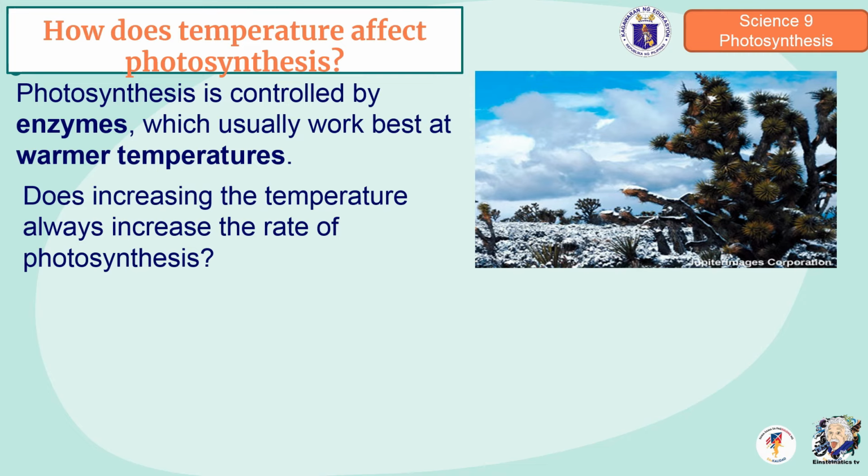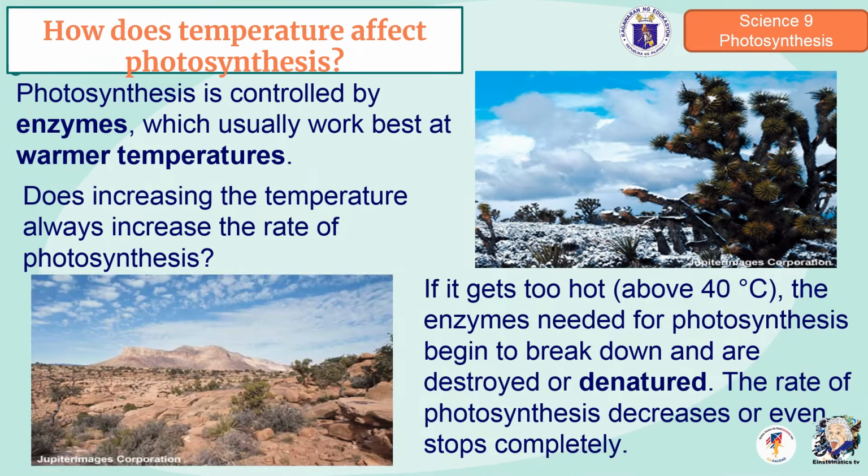So does that mean increasing temperature always increases the rate of photosynthesis? Not necessarily so. Because if it gets too hot, above 40 degrees Celsius, the enzymes needed for photosynthesis will break down and are destroyed or denatured. As an effect, the rate of photosynthesis decreases or even stops completely.